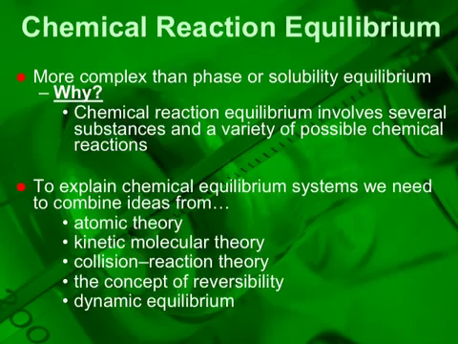To study chemical equilibriums, we need to combine 5 previously studied topics: the atomic theory, which states that all matter is made of atoms; kinetic molecular theory, which states that all matter is vibrating at temperatures above absolute zero; collision reaction theory, the theory that we just learned a few slides ago, which says that an equilibrium is established when reactant molecules collide to produce products, and product molecules collide and react to form reactants.